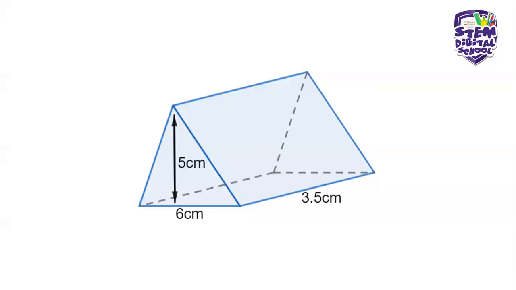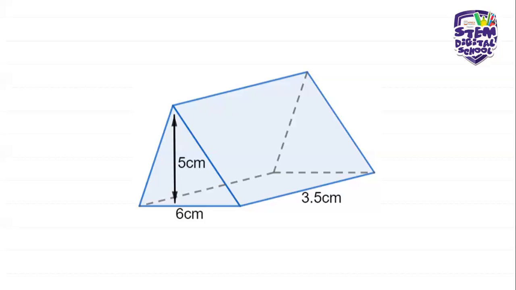So you can see that we basically have 2 triangles which form the 2 faces. And then you have got the bottom rectangle, and on the 2 sides, you have 2 equal rectangles. So basically you'll have 5 faces of the triangular prism.